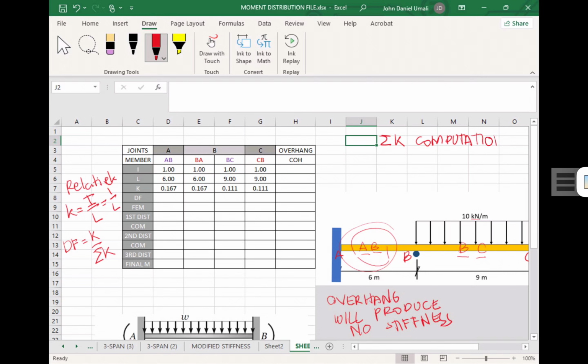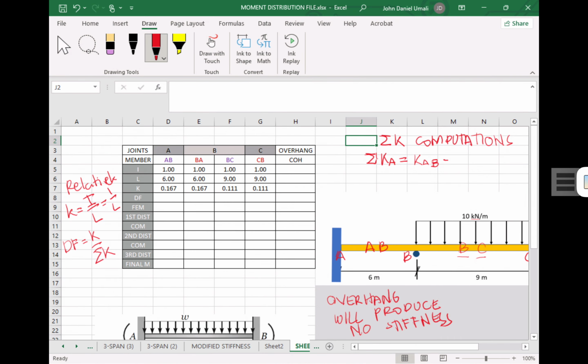So that is summation KA, that is equals to, ano ba yung mga members na connected sa joint A? Member AB is connected at joint A, and member AB has a K, KAB.